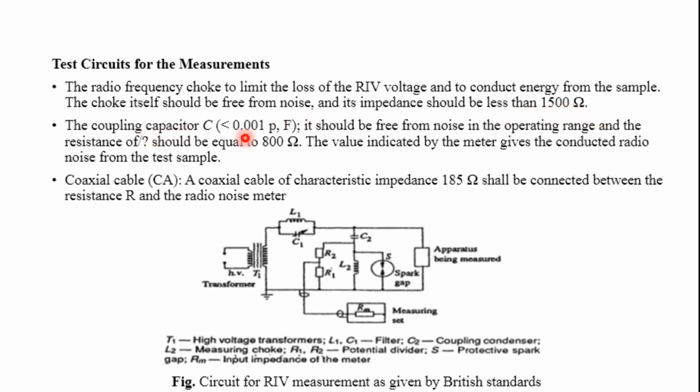The coupling capacitor is of less than 0.001 picofarad, and should be free from noise in the operating range. The resistance R should be equal to 800 ohm. The value indicated by the meter gives the conducted radio noise from the test sample. Then a coaxial cable having a characteristic impedance of 185 ohm shall be connected between the resistor R and the radio noise meter.